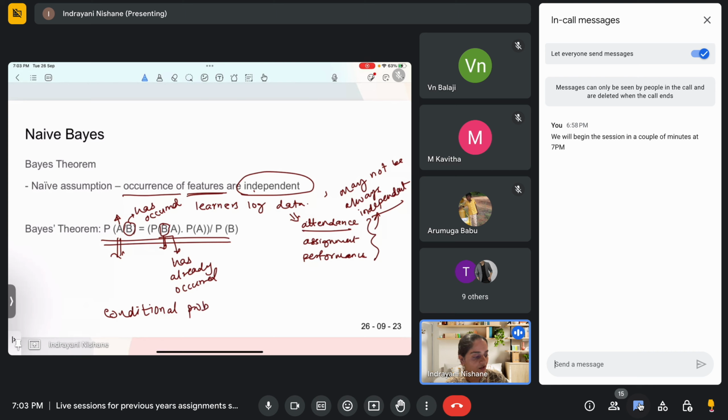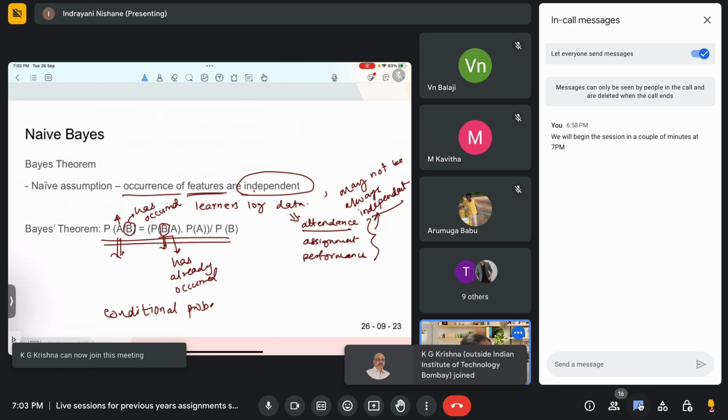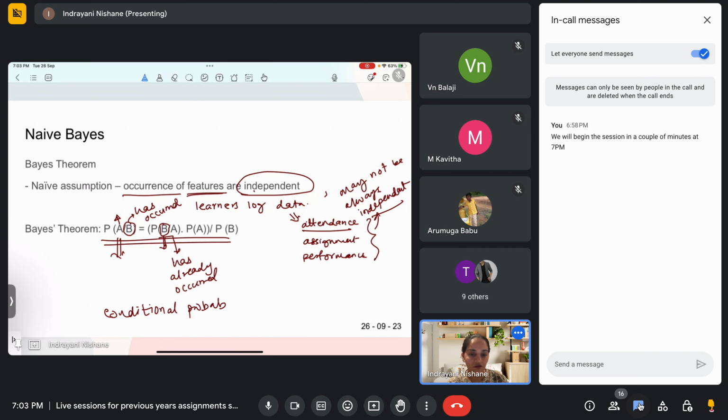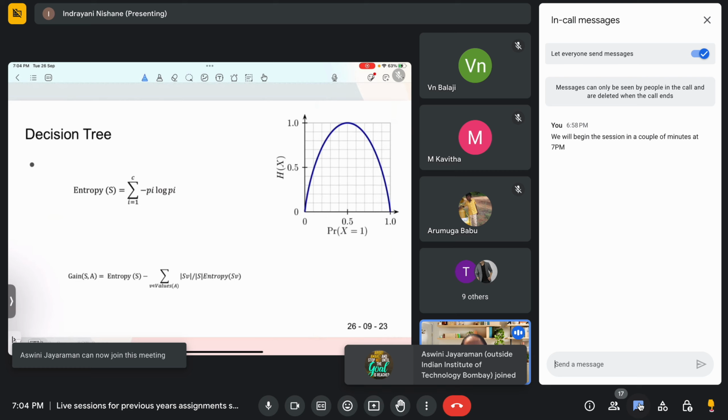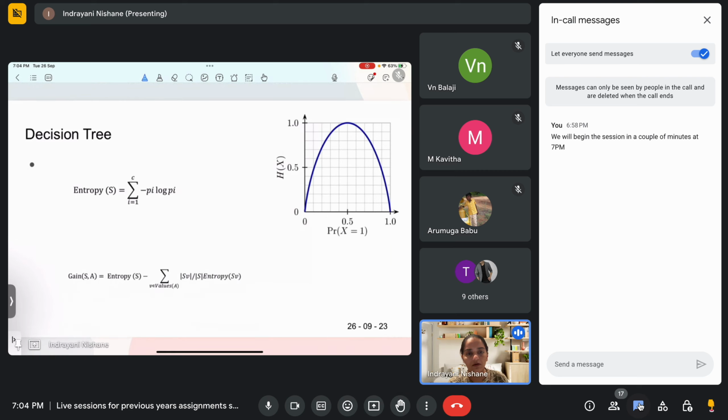We will not be going into the derivation of this theorem, how it came about, but instead we'll be focusing on using this formula for our calculations, even in the assignment. It is fairly straightforward to use. We just have to interpret the problems to decide for which condition we are supposed to calculate the probability, so interpretation of the question plays an important role there.